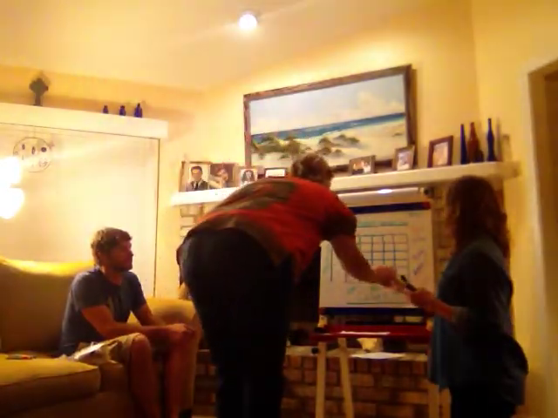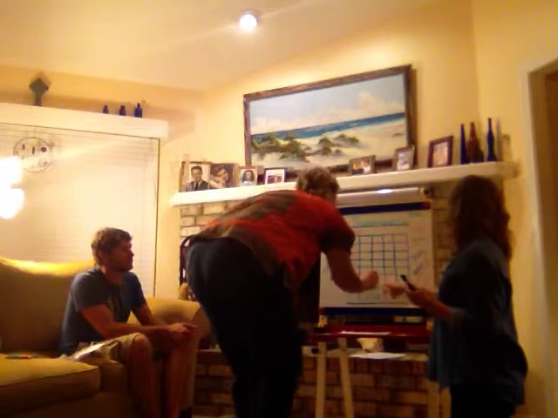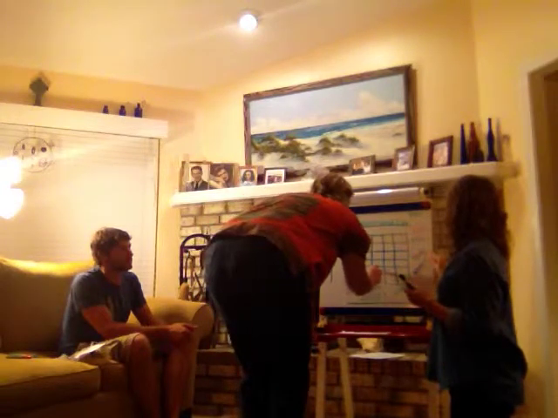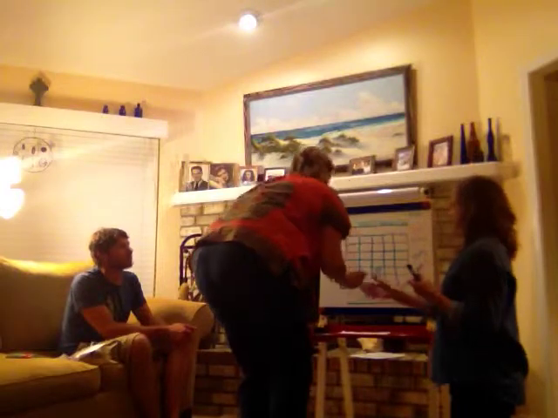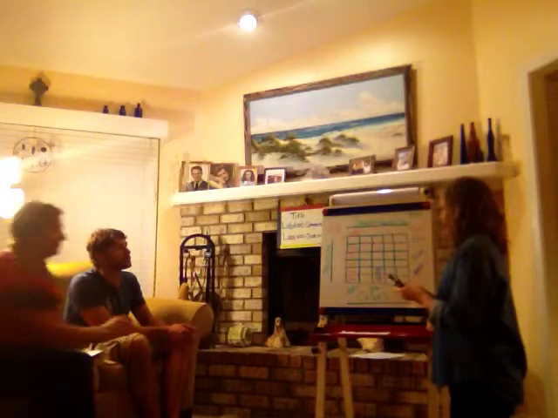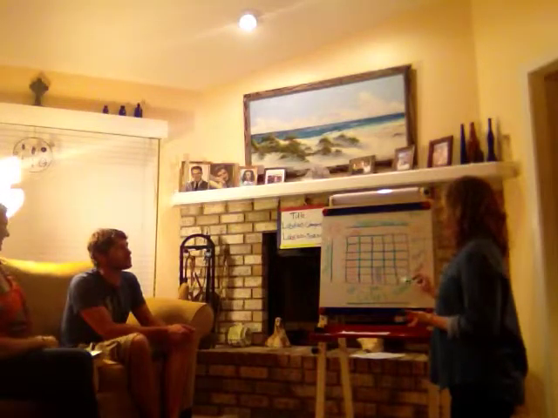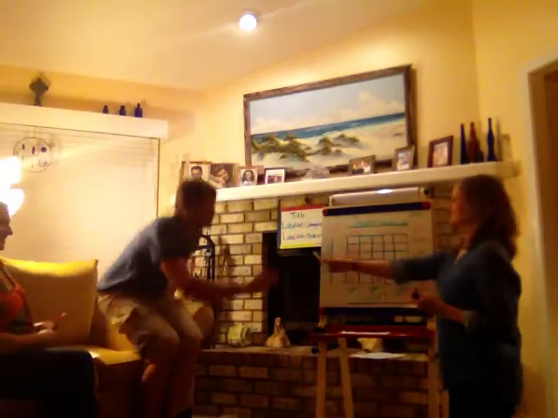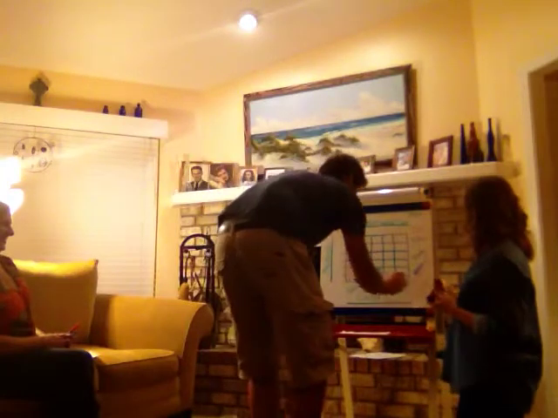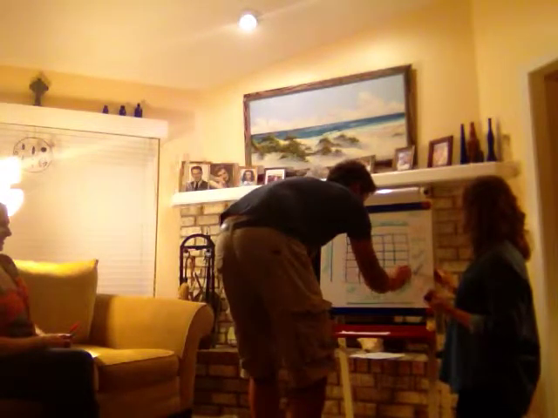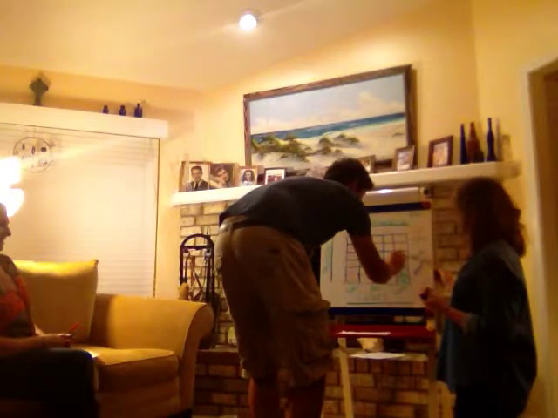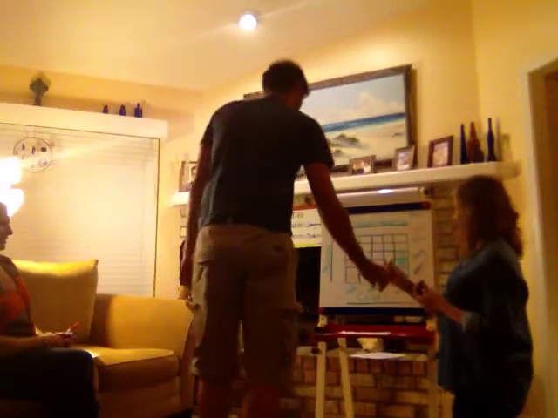All right, right here. The blue, and we've got 2 chose blue. All right, very good. All right, and any volunteers to come up and fill in green? All right, and we have 4 green. All right, thank you. Very good, guys.